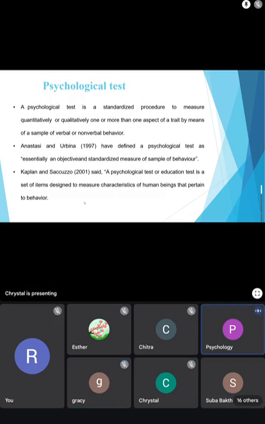See, in psychology, there are standardized measures and standardized tests for assessing the individual's behavioral pattern. There are several tests.